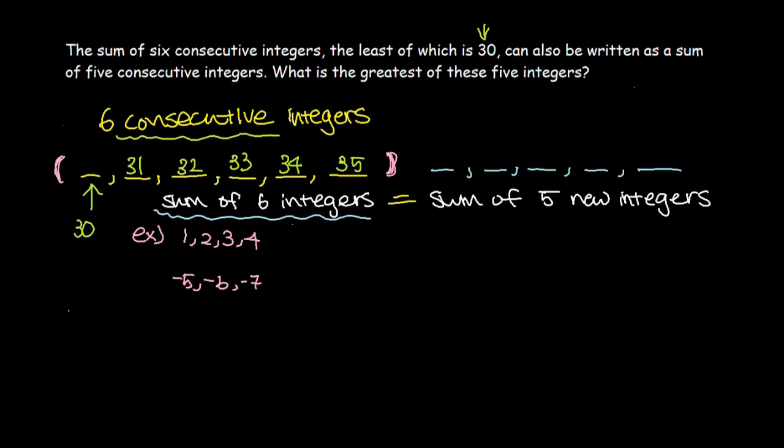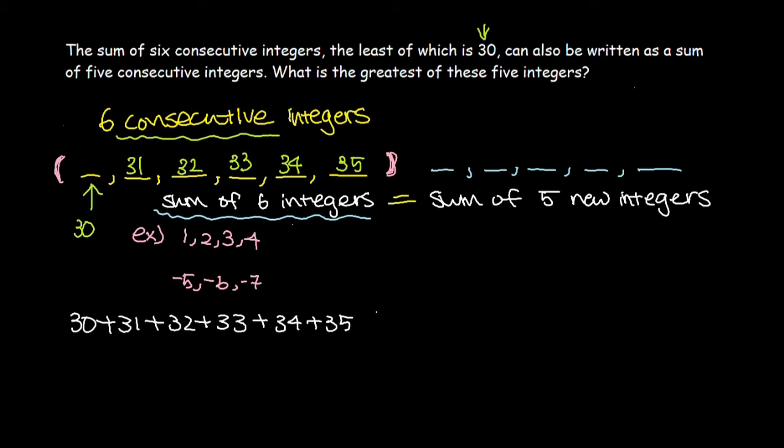So to find the sum of 30 plus 31 and on all the way to 35, you could, as I said, add all of these 6 numbers up, but that's going to be time consuming. So there is a shortcut that you can use. For any of these types of problems where you have to add a bunch of consecutive numbers, you can use something called Carl Gauss's formula.